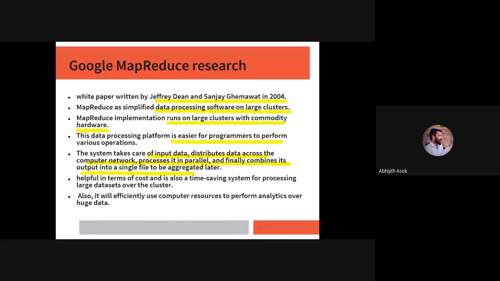So our aim is we have map and reduce functions. Input data is divided into chunks and distributed over the network. Usually it is processed in parallel. Map and reduce functions are there, and after the execution is done by the reducer, the output is combined into a single file, aggregated, and output to the next layer.